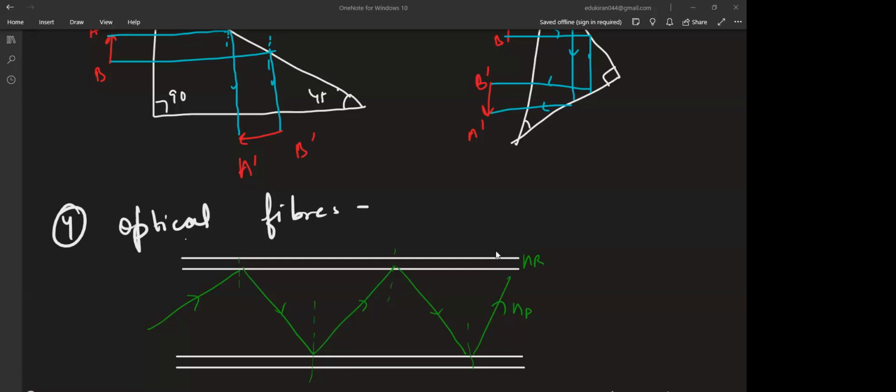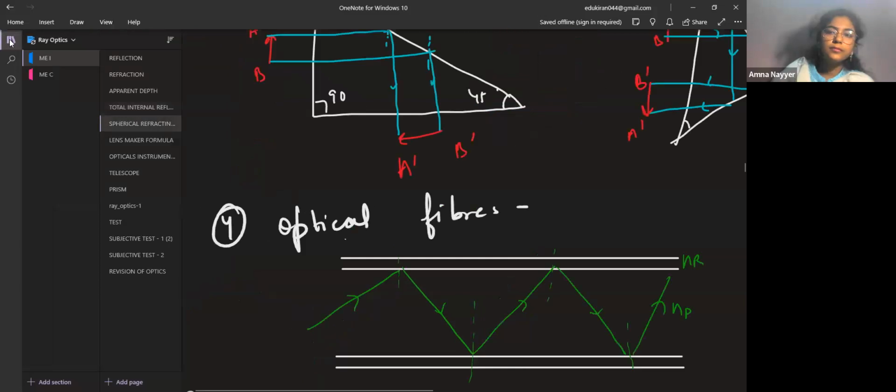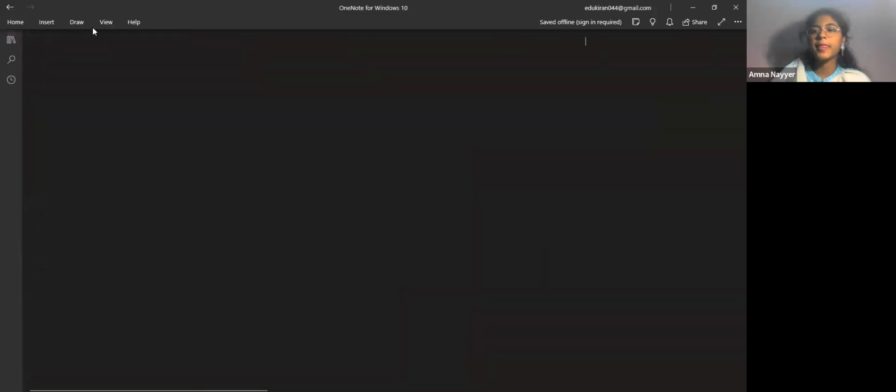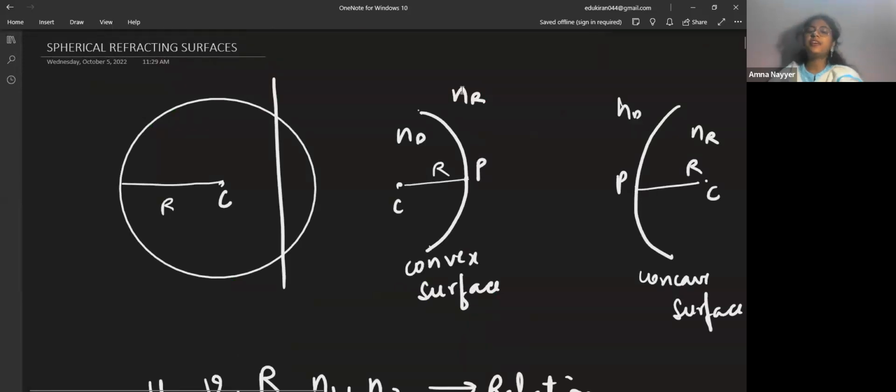Refraction from rarer to denser and denser to rarer. See, spherically refracting surfaces means what?